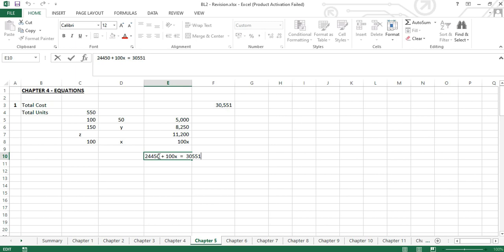To do that, you use the opposite sign rules. So 24,450, if you are going to remove it this side, you must minus 24,450 this way, and if you minus one side, you must do the same on the other side of the equation.